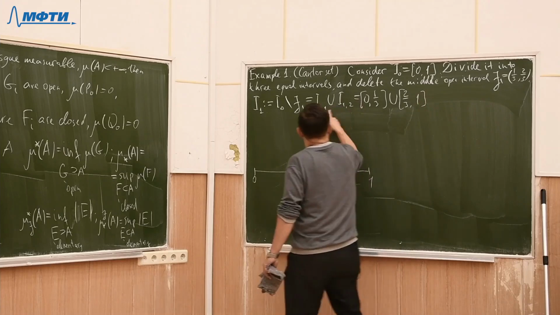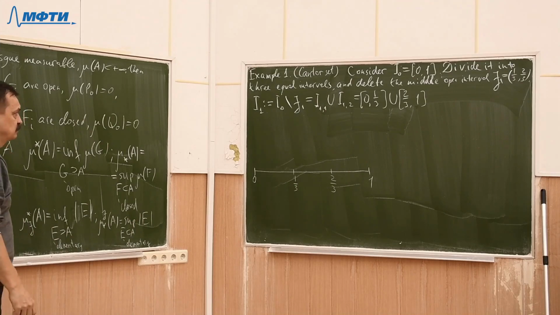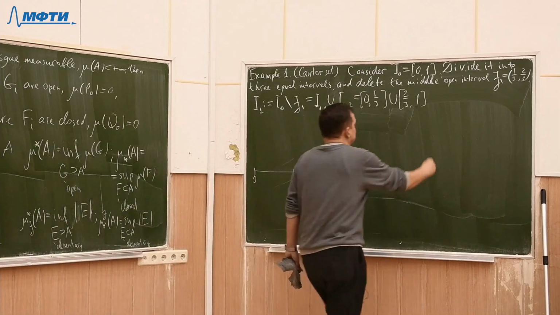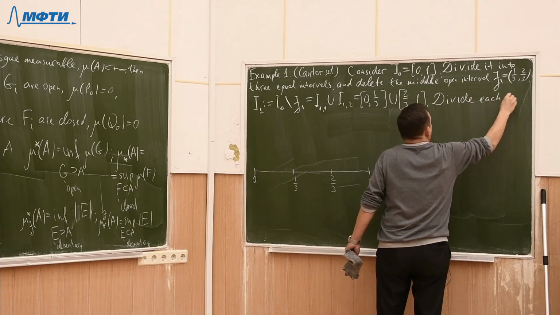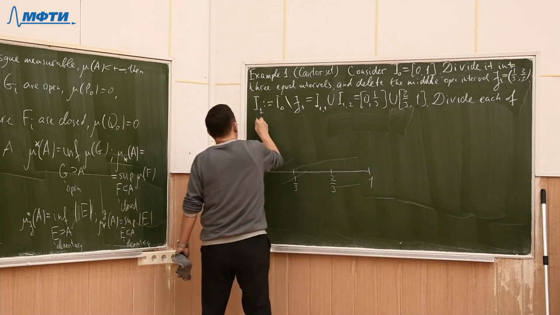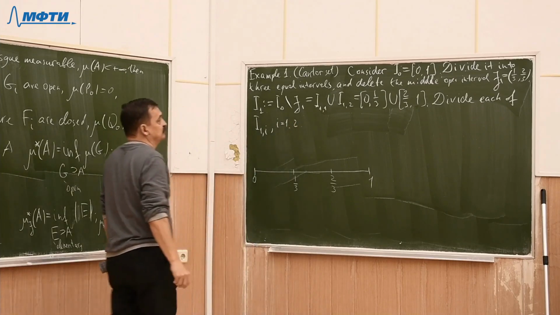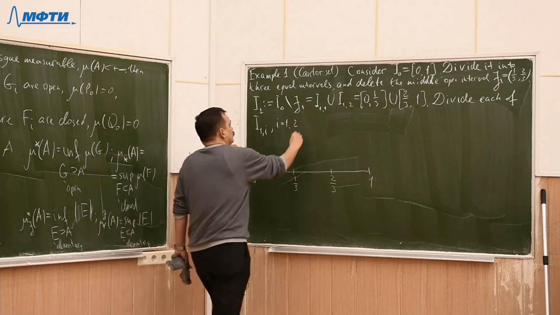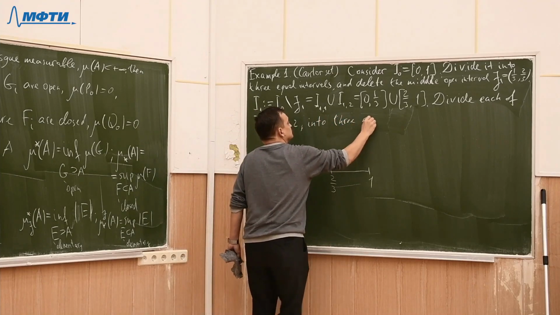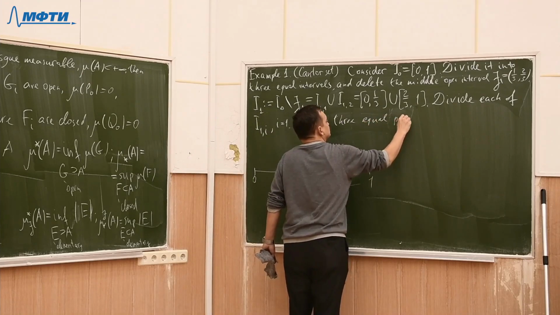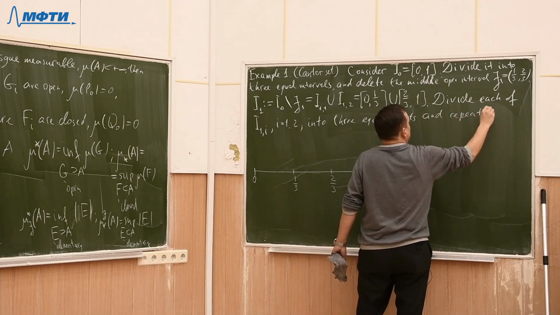Now divide each of I1, at the moment we have only two such intervals, right, into three equal parts and repeat the construction.